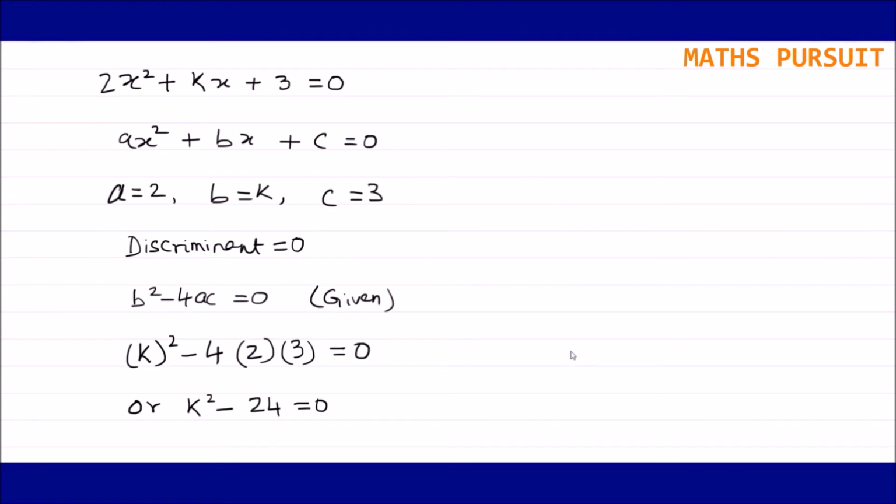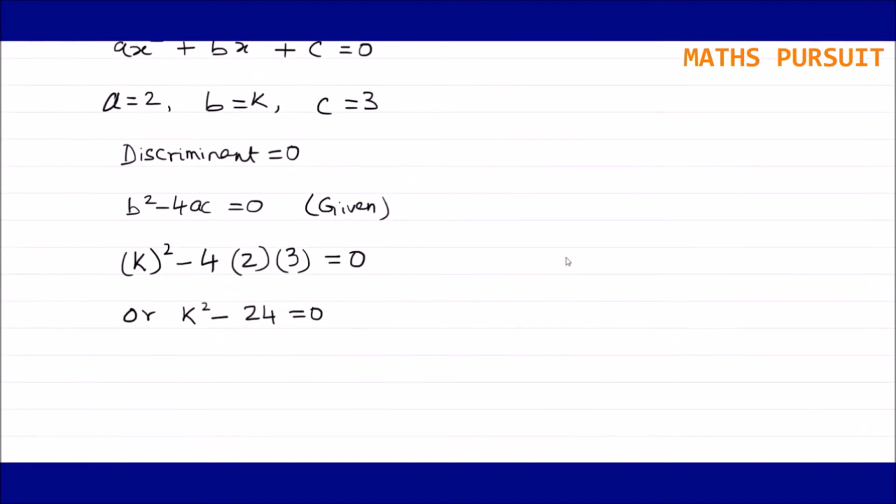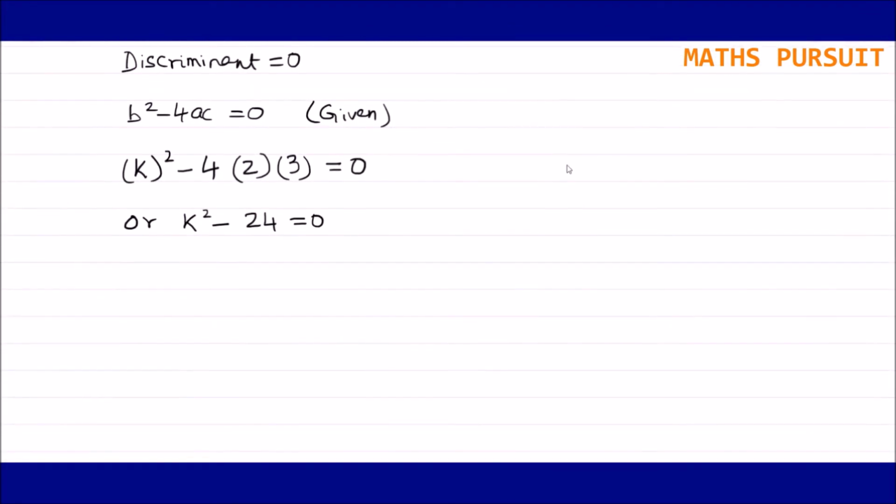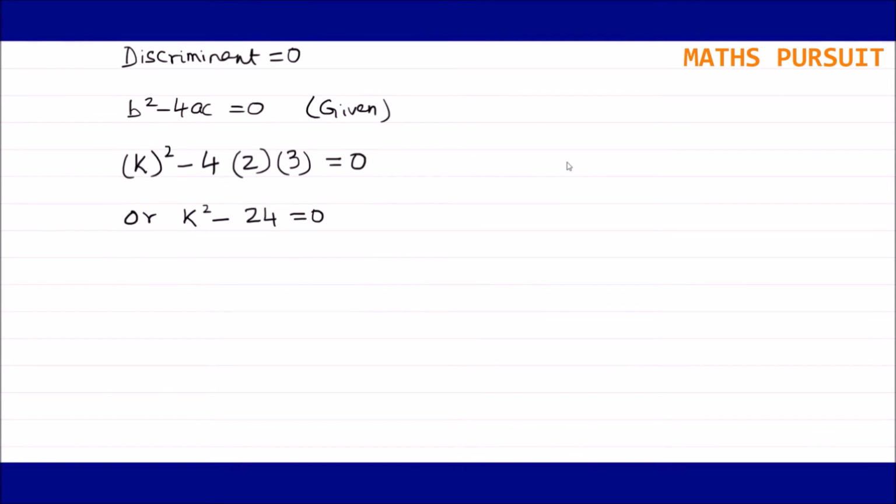I'm just solving this equation, and I believe at this stage you know how to solve an equation. So now I can write k² is equal to 24. Just moving minus 24 to the right side of the equation, it became plus 24. Or I can write k is equal to plus or minus root over 24.